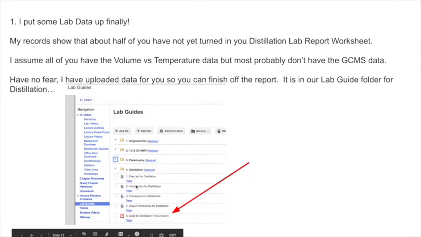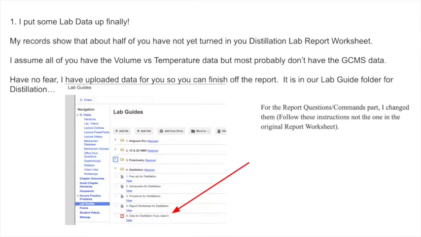Before I just had these 4 documents, now I have the data for distillation, and I'll be adding data for banana oil and aldehyde enigma, and then I'll be adding data and little experimental pictures and videos for the other experiments we didn't get to even start. And for those of you who need to use this data, I changed up the questions a little bit. For the report questions and commands, use my new stuff. It's in here when you get there, and it explains it in there.